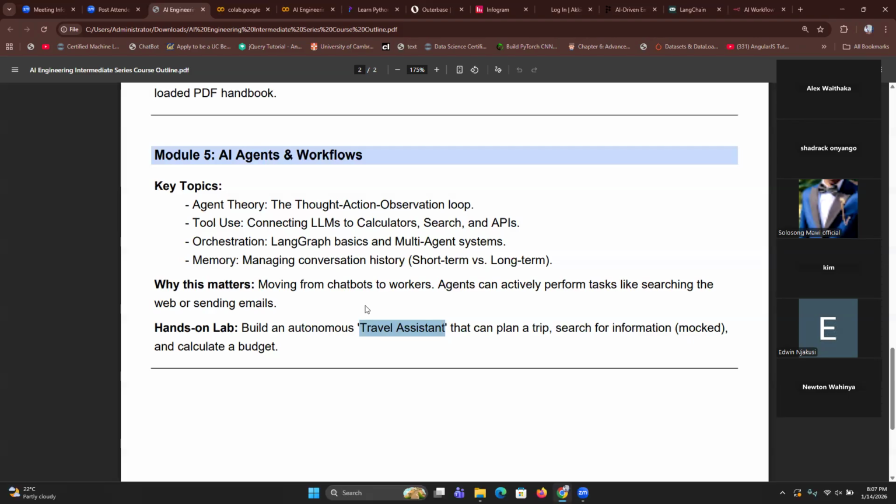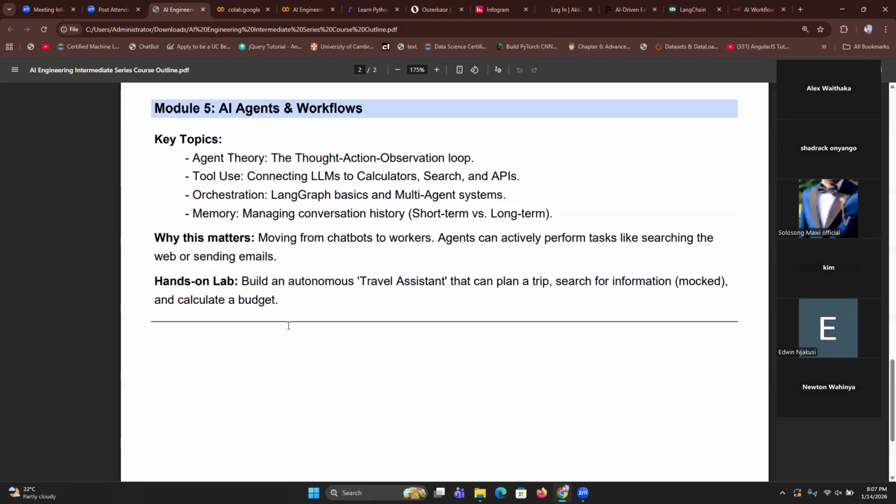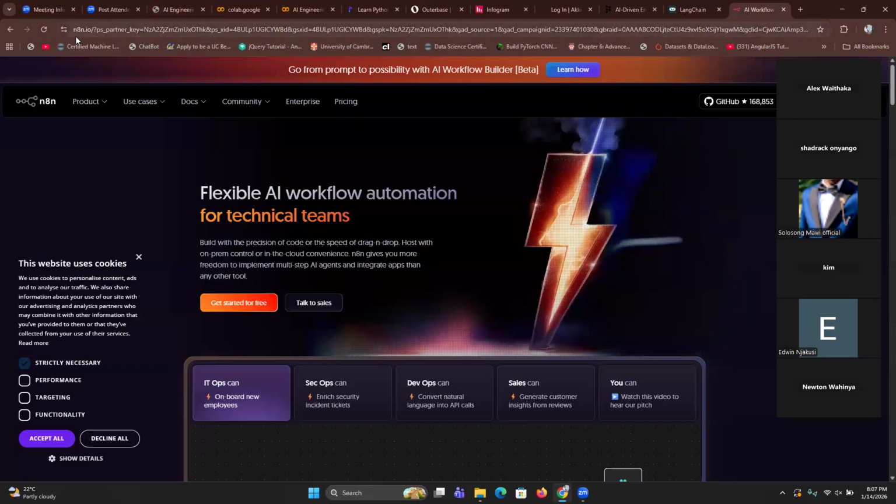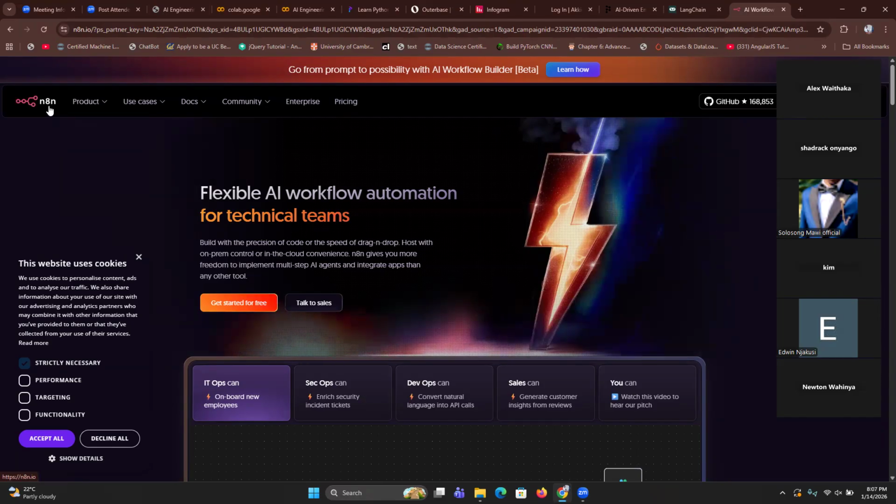Apart from agents that we are going to build using LangChain, we are also going to discuss AI workflows. So remember, workflows are tools that are already there. They are no-code platforms. You don't need to write code, but you can build an AI product using these workflow tools. One of the most popular workflows is this one here, n8n.